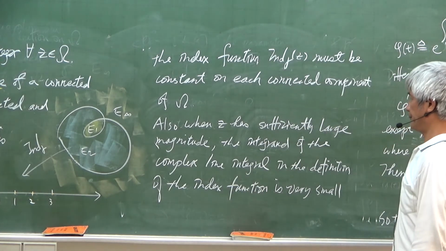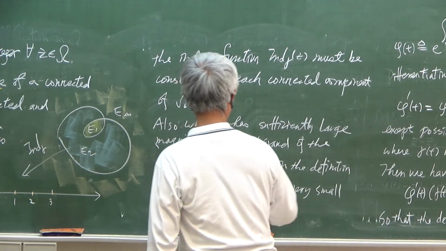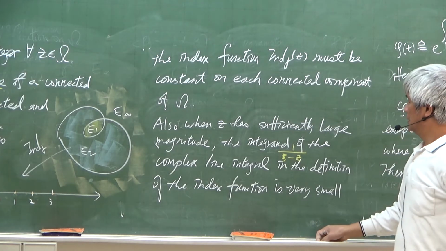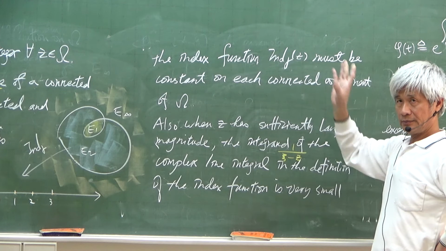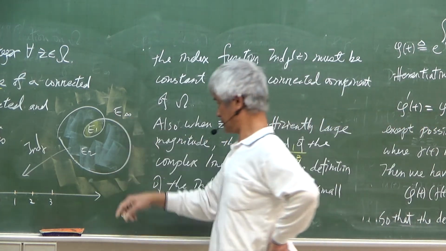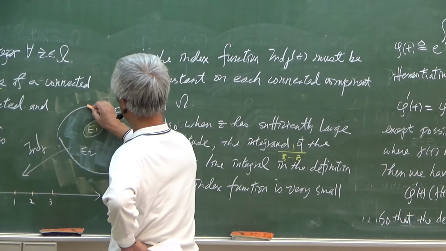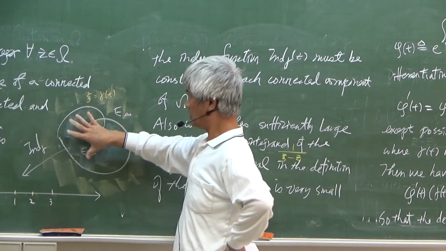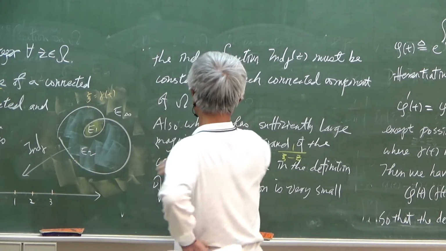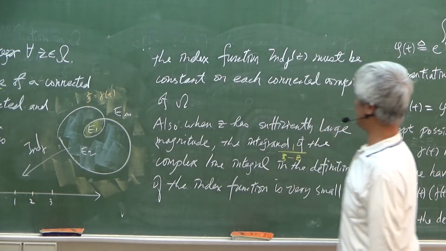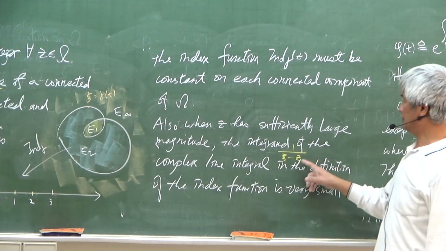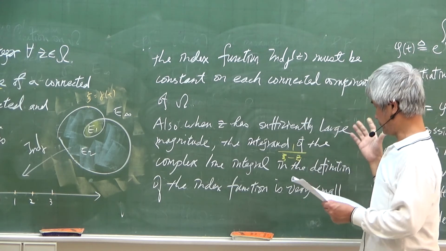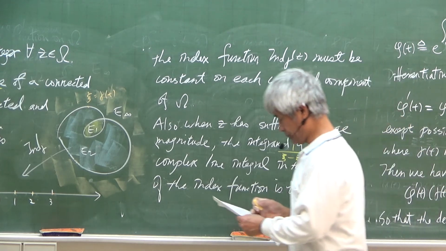So the integrand, remember what is the integrand? The integrand is 1 over zeta minus z. When z is very, very big, no matter what, because we know the curve gamma is local, this is gamma t, always local. But when z has very big magnitude, the integrand will become very small.